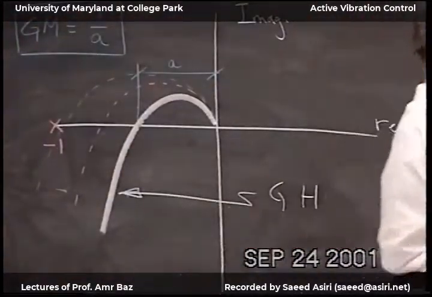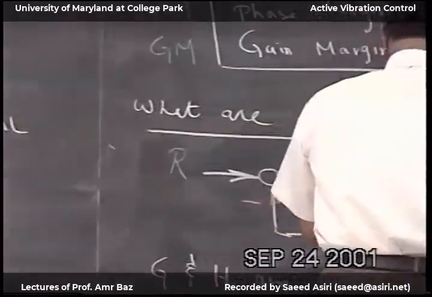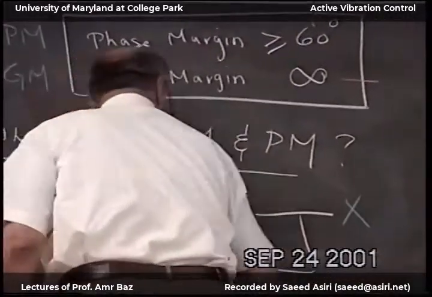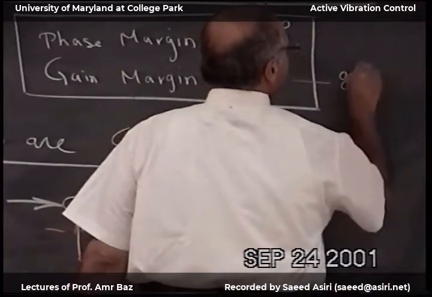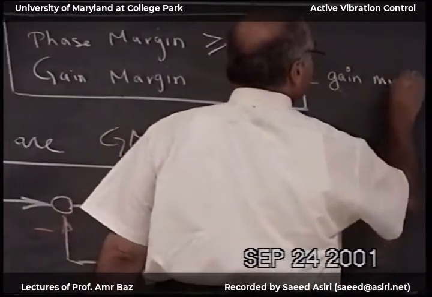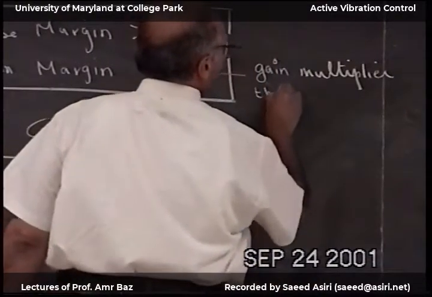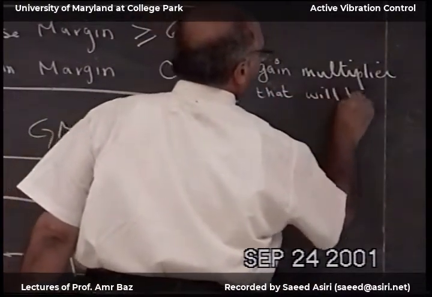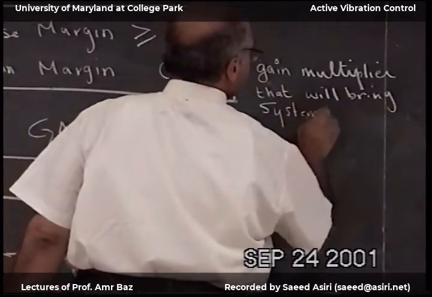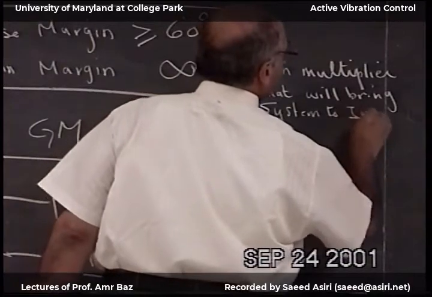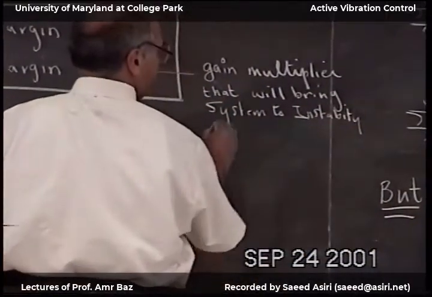So the gain margin now is the gain multiplier that will bring the system to the instability limit.